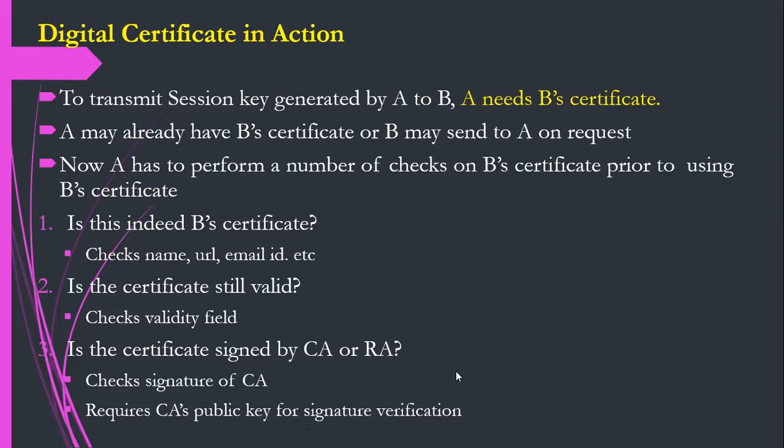Once all of these have been done, A is definite that the certificate received from B is valid and that it was issued by the certification authority or registration authority. So now I am sure that the certificate is valid, and I can transmit the session key to B. That is how A is guaranteed that B's certificate is valid.